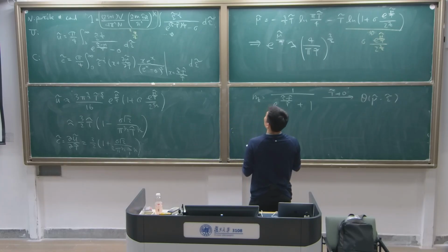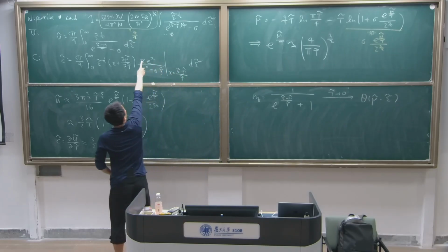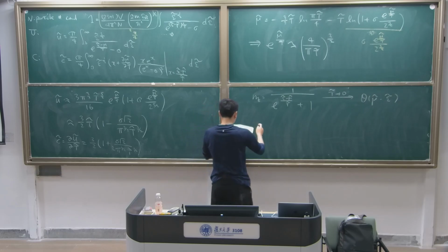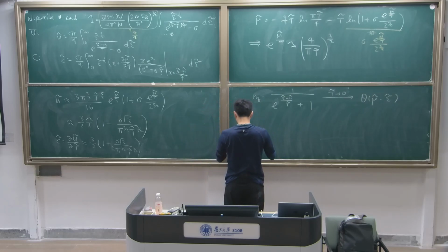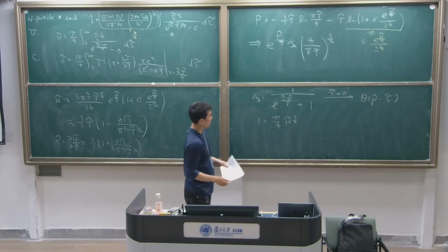If you plug this into the equation for the energy, what you get is that 1 is equal to pi over 4 times the integral, which gives 3 over 2.